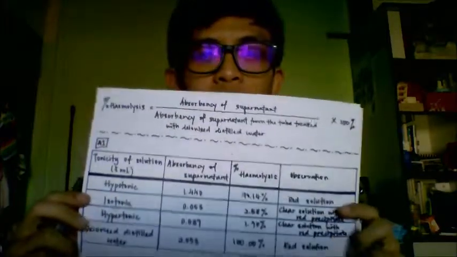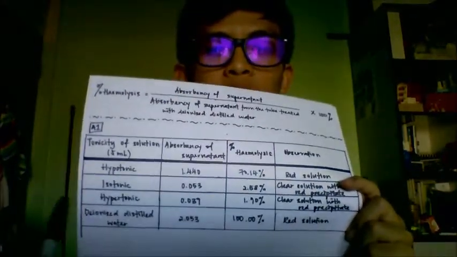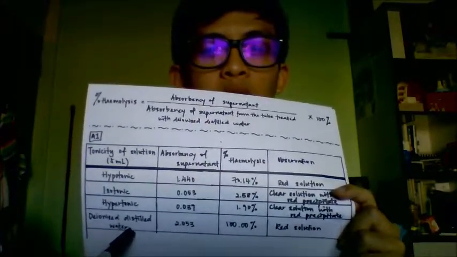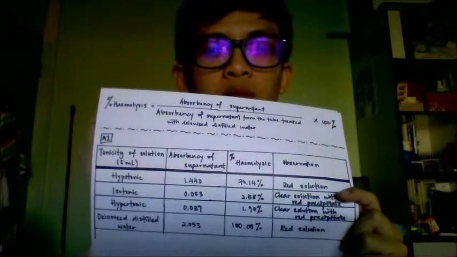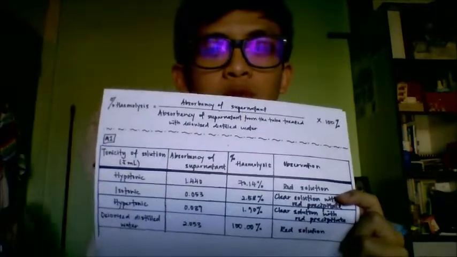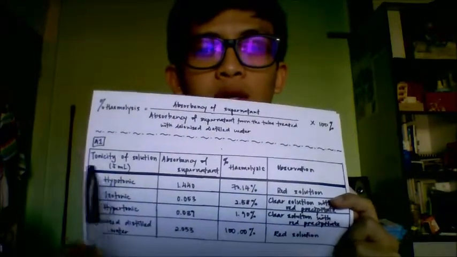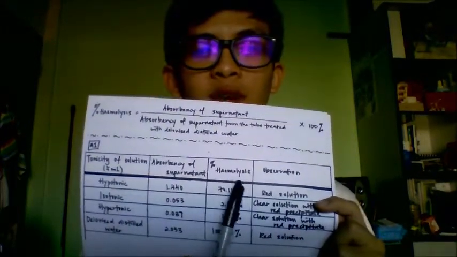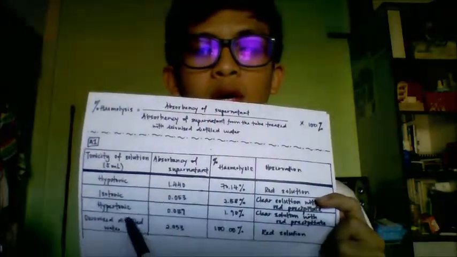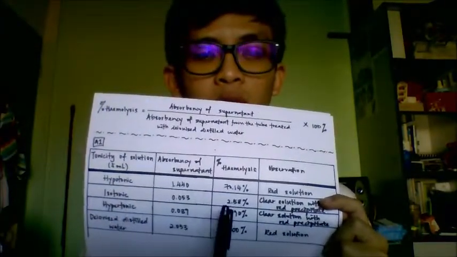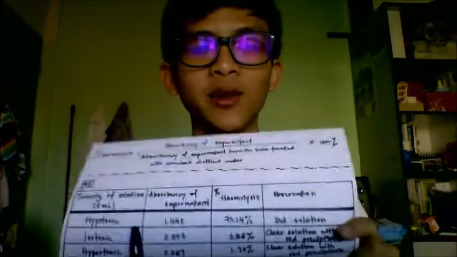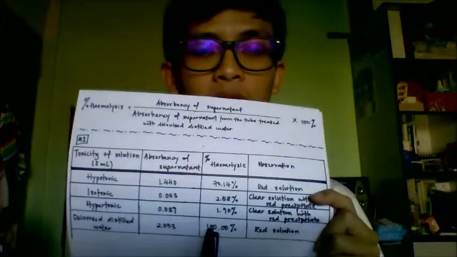For Section A1, this is the result that we got. For the deionized distilled water, which we used as a control, the result is 2.023. For hypotonic, the percentage of hemolysis is 70.14, for isotonic it is 2.58, and for the other one, the hypertonic, it is 1.90.